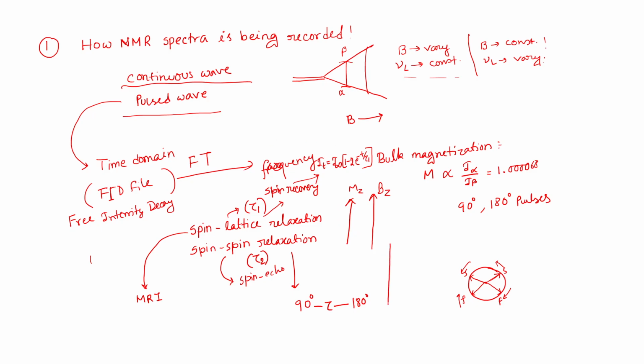At first the intensity was something like this, and there will be some loss due to spin relaxation, and you will get a spectrum like this, which gives an exponential, and from there you will get your tau 2, the spin relaxation.